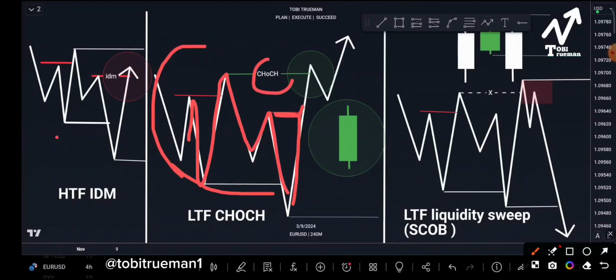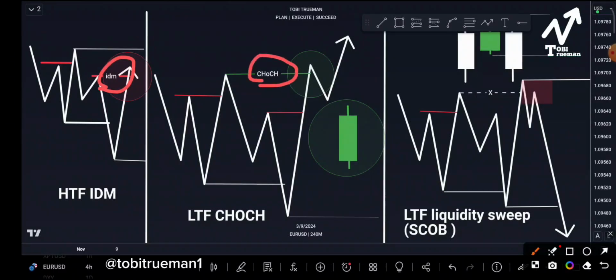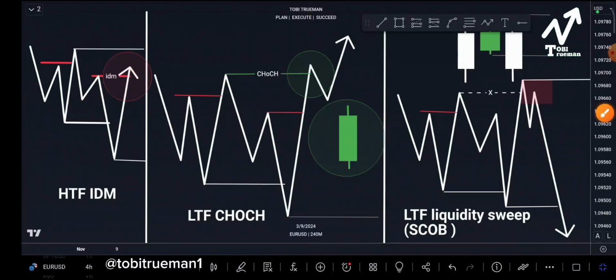Then this point, that high point there, is now the higher time frame inducement. So when price now gets to it in the lower time frame, it becomes what? A change of character. And how is it going to be the lower time frame change of character? That's when we have our candlestick body closure above it.